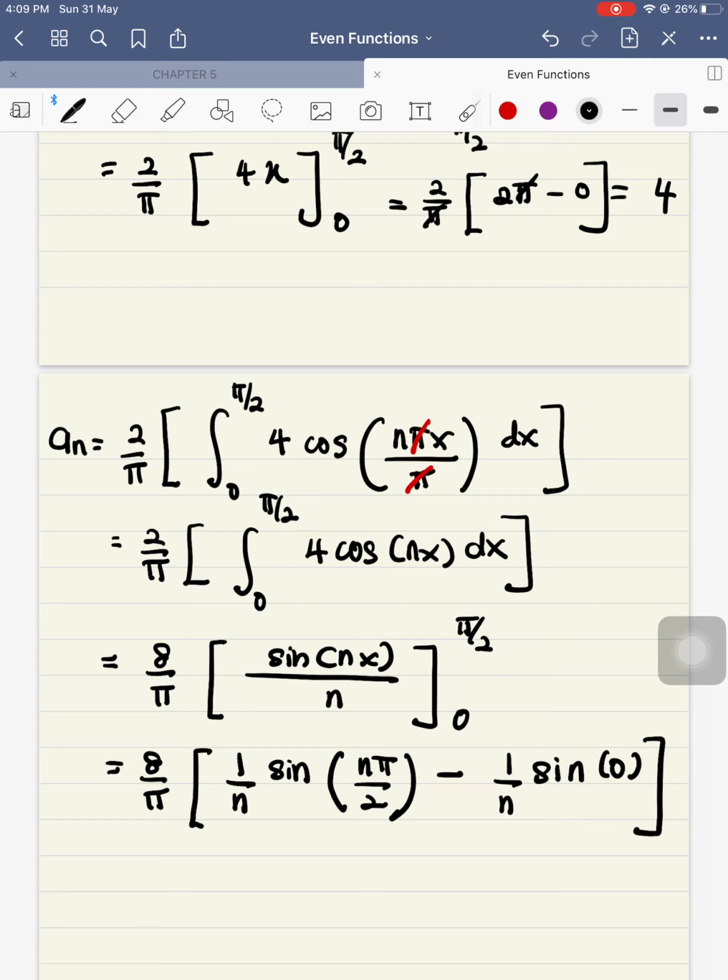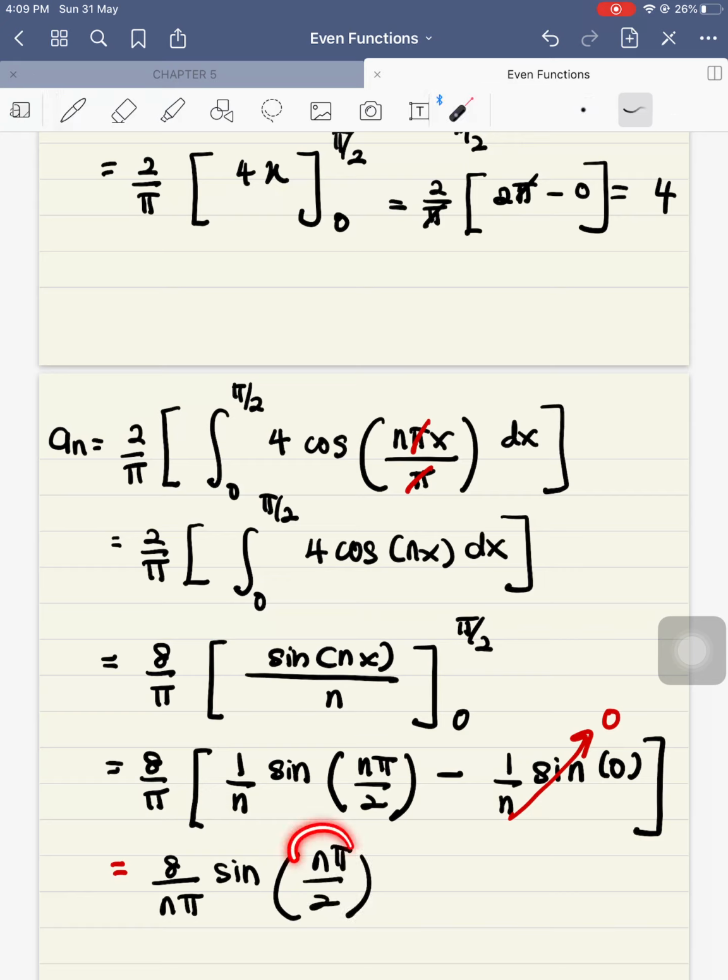Okay, so you know that sine 0 is equal to 0, so therefore this one done. Okay, so you will left with 8 over n pi sine n pi over 2. You cannot cancel out this one and this one. Why?